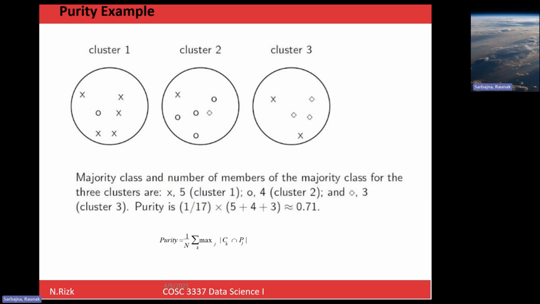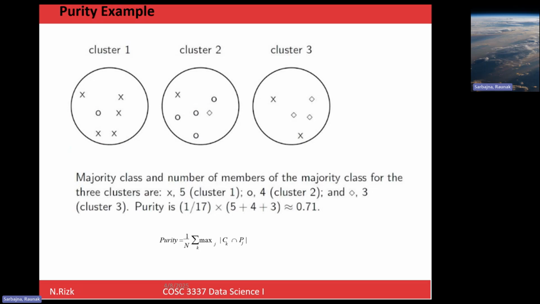So that means there are 1, 2, 3, 4, 5 points that are in this intersection. Does that make sense to you? Because those 5 points are within a cluster, and the ground truth itself also tells you that they should be within a cluster. So in this case, the value of this is 5.